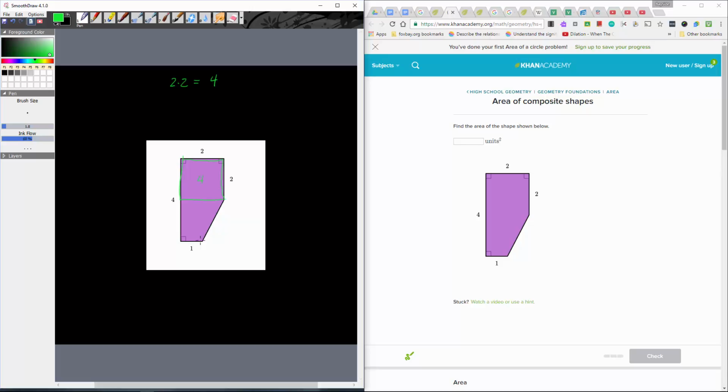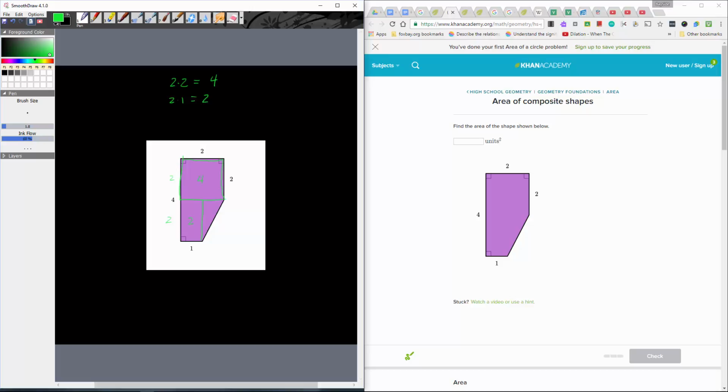I now could take this triangle here if I want. If I drew a line straight down, this would equal 2, right? So this has to be 1. If from here to here is 2, and the whole thing is 4, that means this section is 2, and this section must be 2. So this rectangle is 2 by 1, which is just equal to 2. So I'll say 2 times 1 equals 2.